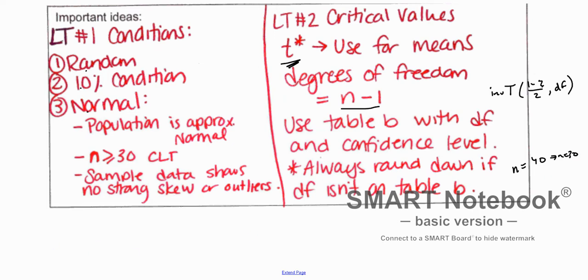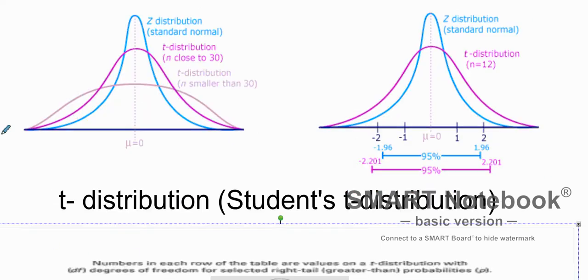If you're wondering what degrees of freedom looks like, this is a t distribution, also known as a student's t distribution. It's very similar to a z distribution, however it is wider, because we're using sample standard deviations to create our values. The larger our n values, the closer it is to an actual z distribution.